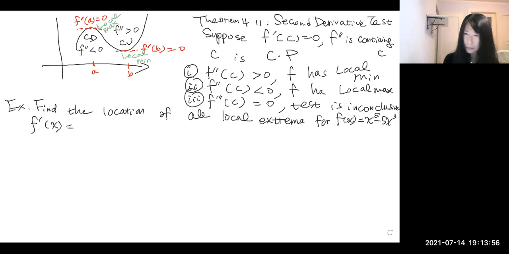F prime of x is 5x to the fourth minus 15x squared. Okay, then we set this equal to 0 and solve for x, right?